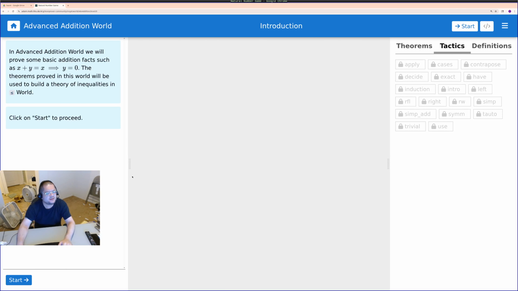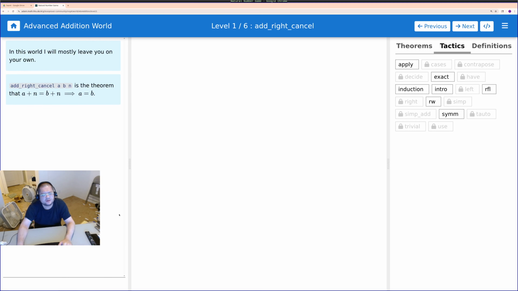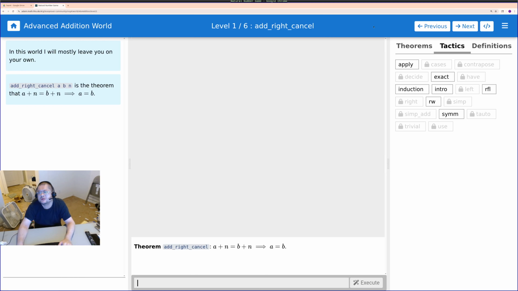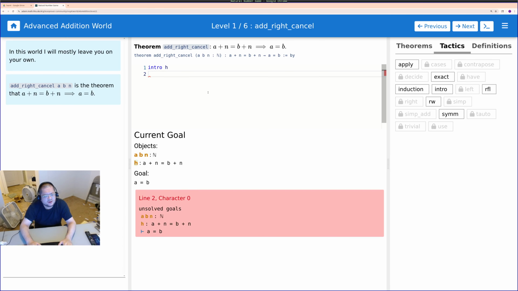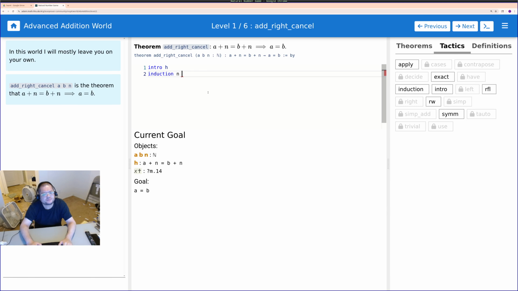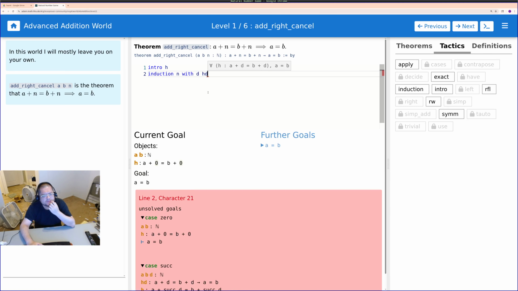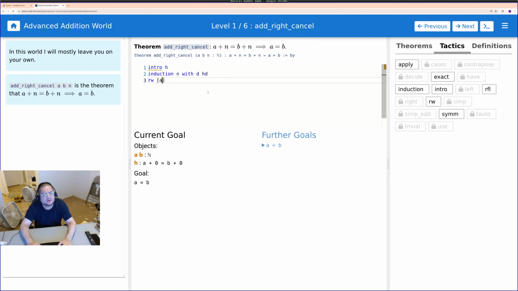Okay, let us now do Advanced Addition. What do we want here? Probably induction on N. We're going to rewrite.